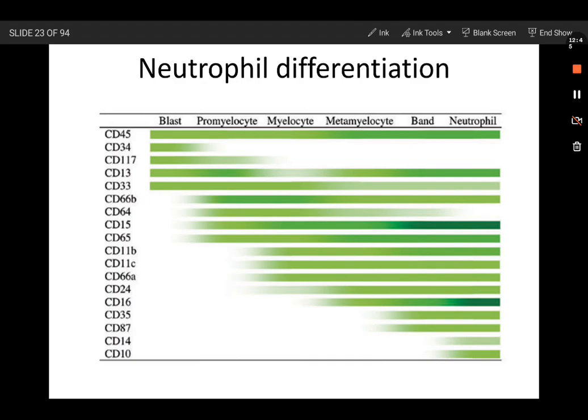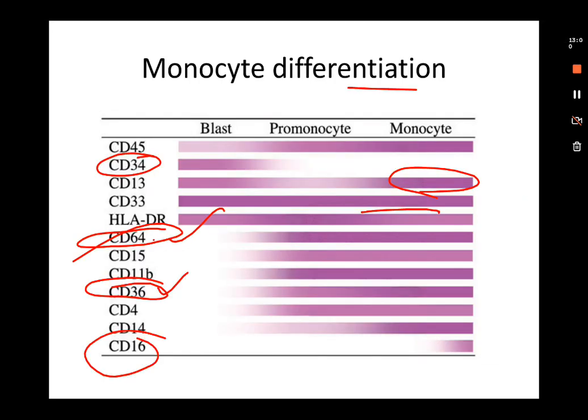CD64 is also in the pro-myelocyte and myelocyte and monocytes as well, but not in neutrophils. Just wanted to make one difference.